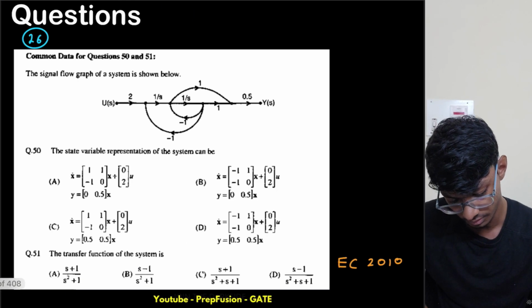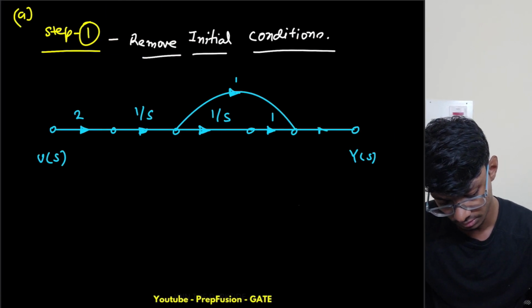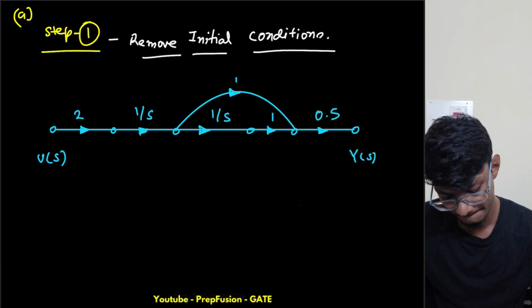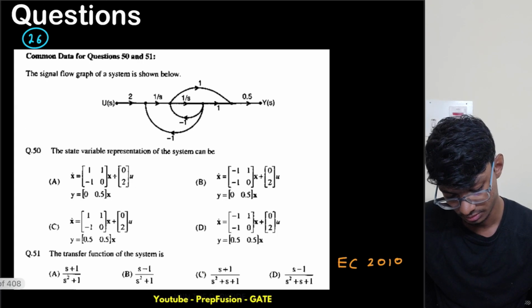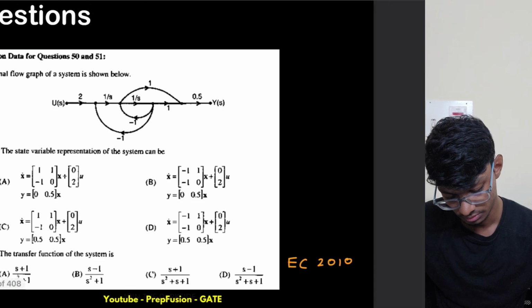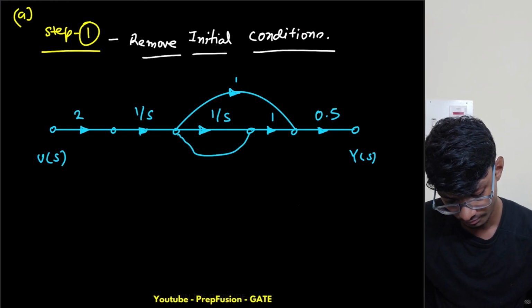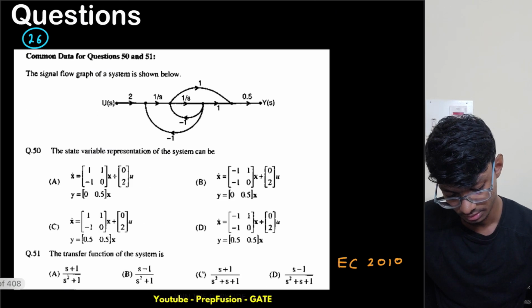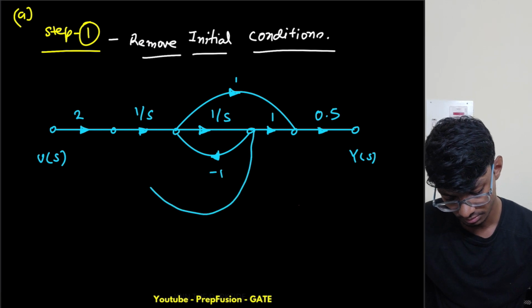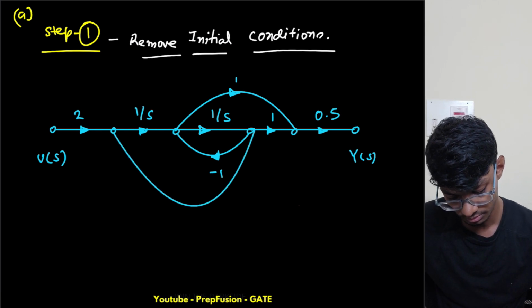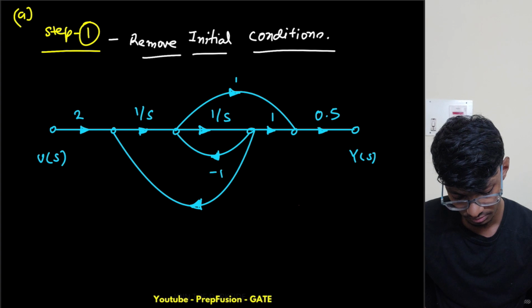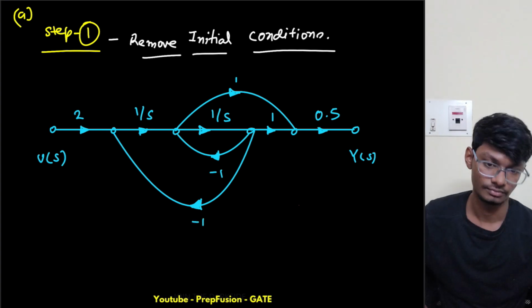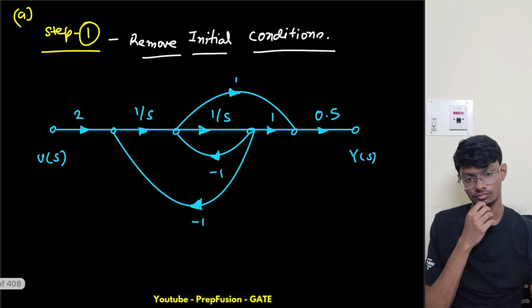We have a gain of 1 here, this is 1 and this is 0.5. We have 2 loops here also, this is -1 and this is -1 also.